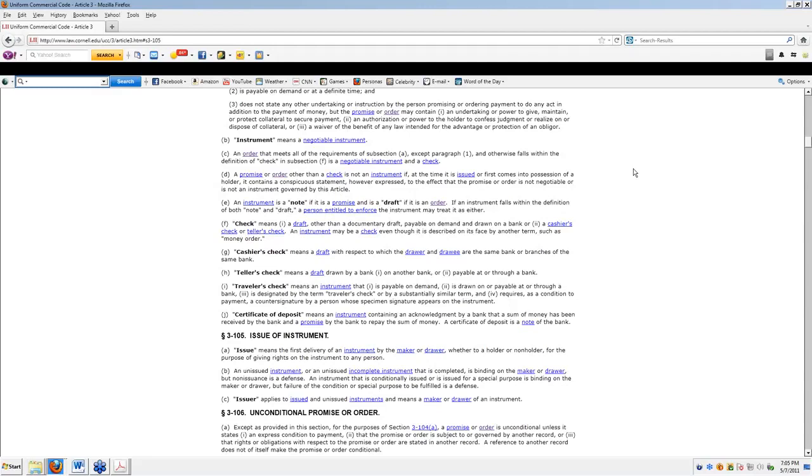Okay. So that's what that's saying. It's a draft. If it falls within the definition of both note and draft, the person entitled to enforce the instrument may treat it as either. Well, they treated it as a draft because they endorsed it for payment. Okay.